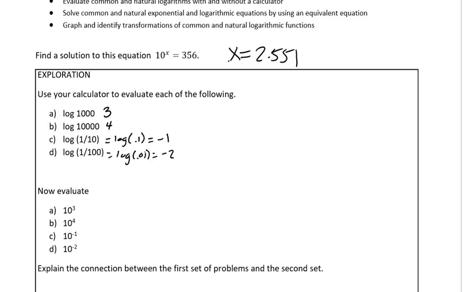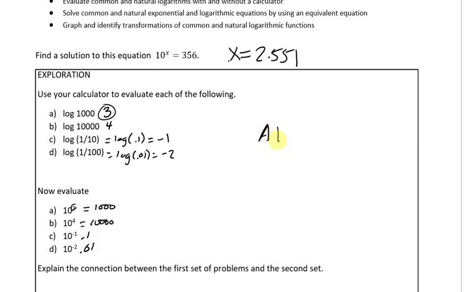You'll notice that 10 to the third is 1,000, but the 3 and the 3 match. 10 to the fourth is 10,000. 10 to the -1 is 0.1, and 10 to the -2 is 0.01. You can see the connection there. These exponents are the same as the answers to those log problems, and that's a key thing.